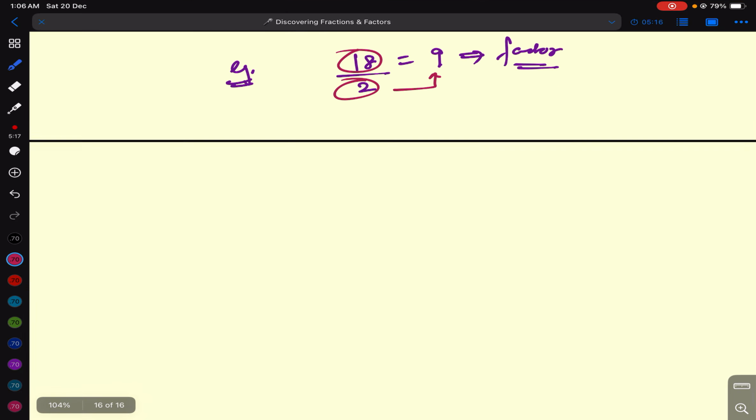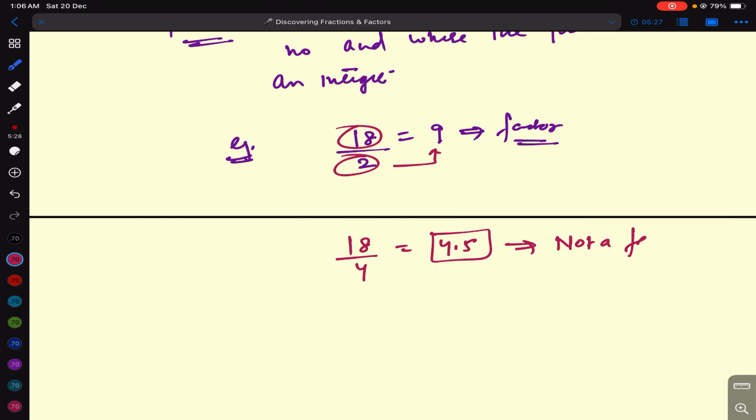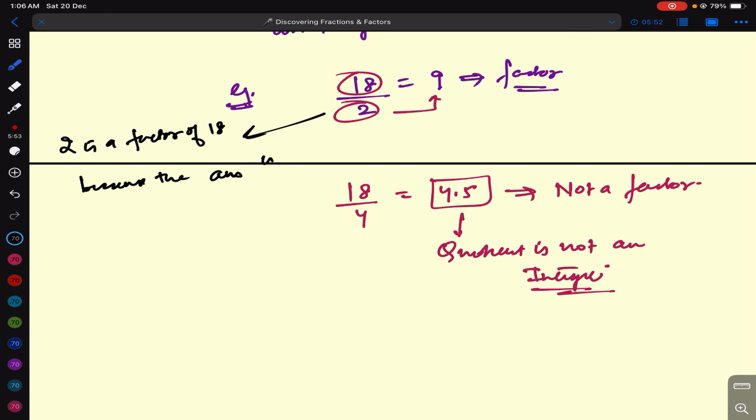Now suppose instead of getting an integer as a quotient, we get a decimal. If you divide 18 by 4, we get 4.5. This is not a factor, because the quotient is not an integer. So from the first case we can say that 2 is a factor of 18, because the answer is an integer, which is 9.